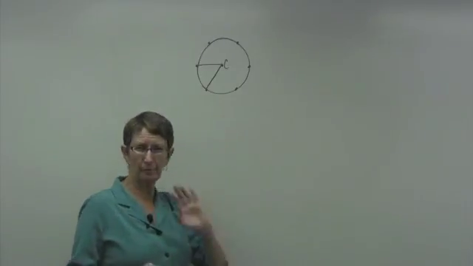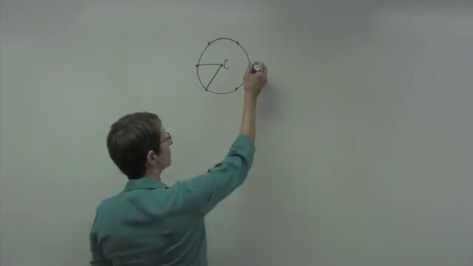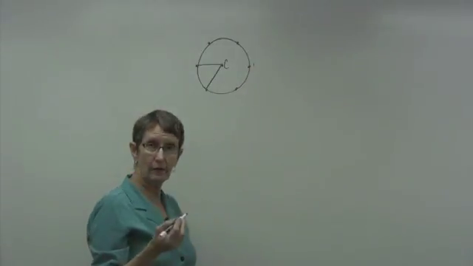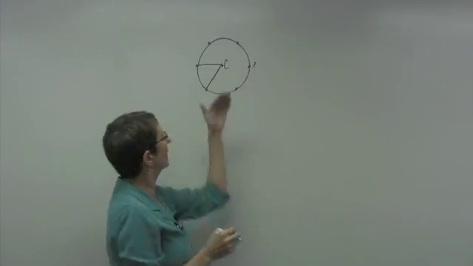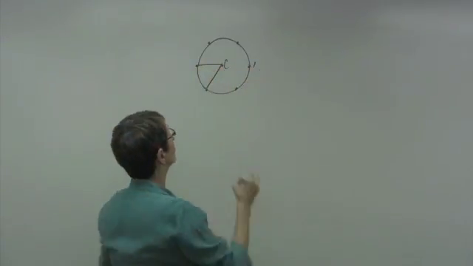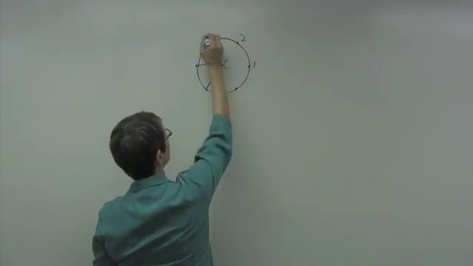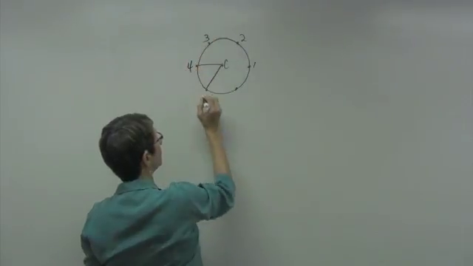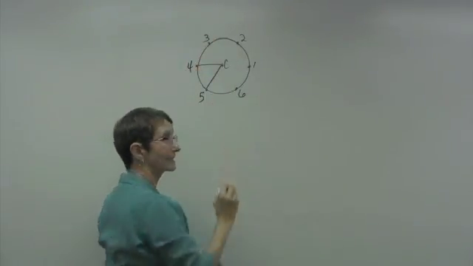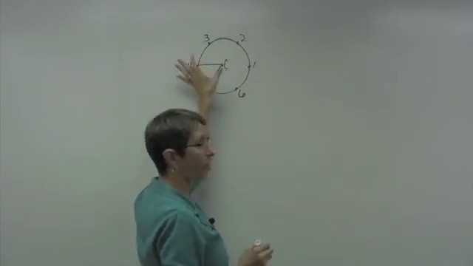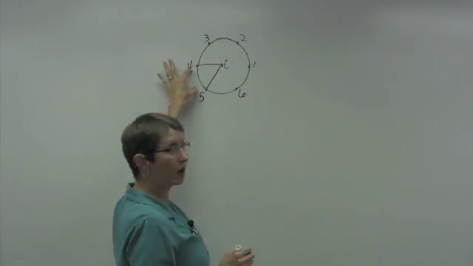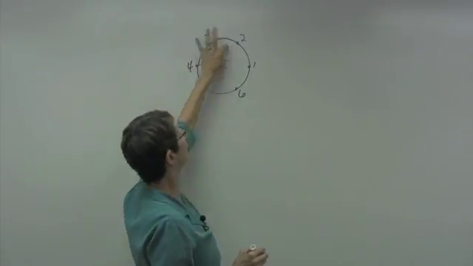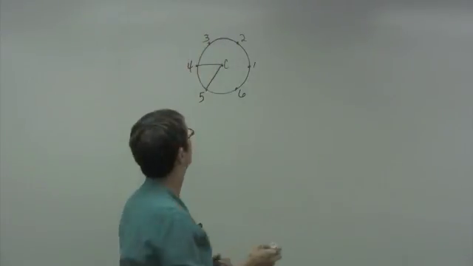And if they're not exactly, pretend like they are. And I'm going to start labeling here number 1, because usually we start our angles at 1 at this position. So that would be 1, 2, 3, 4, 5, 6. I have 6 arcs in my circle. Now, this is cutting off 1 arc, or it's cutting off 5 arcs.